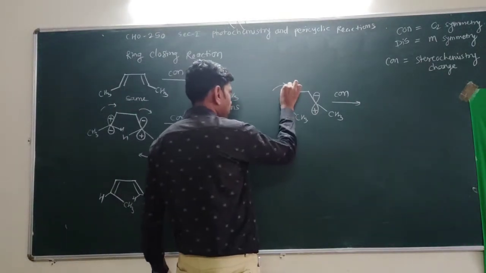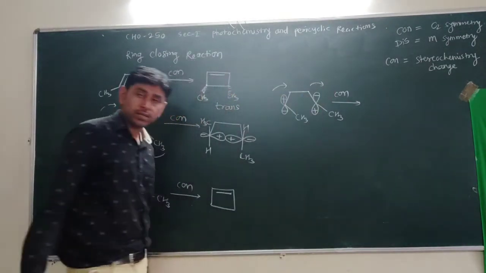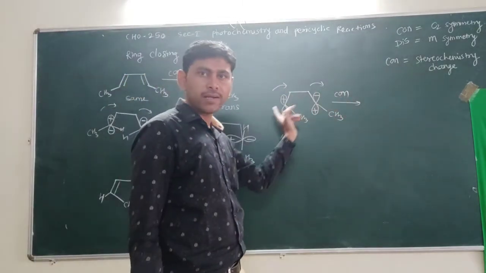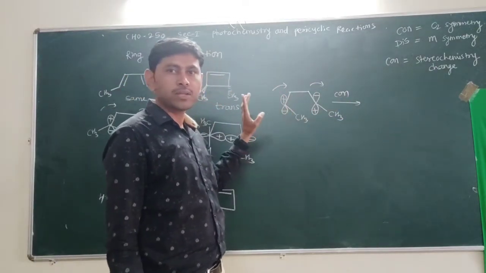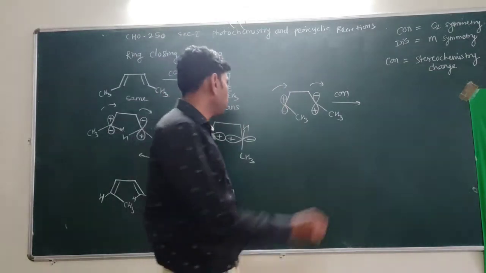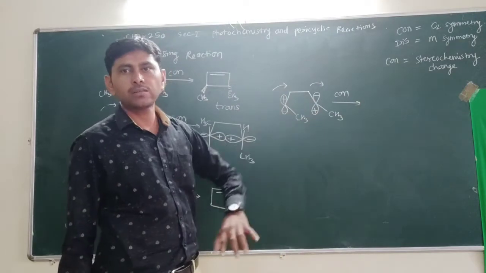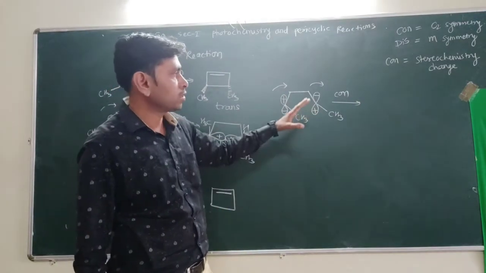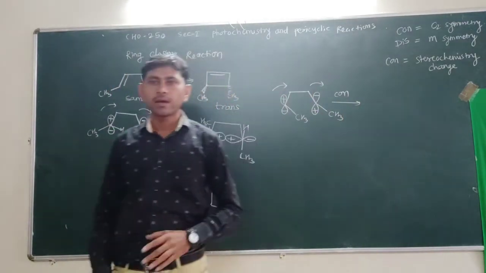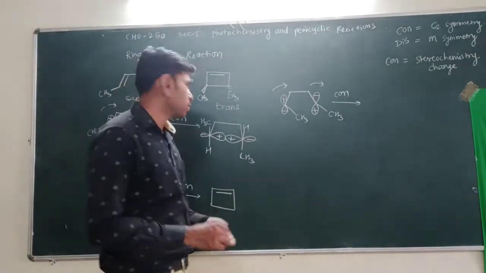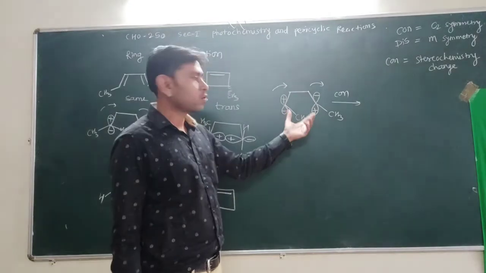So in conrotatory motion, you can move these groups in a clockwise direction and maybe anti-clockwise also. Anti-clockwise will give the same result. There is no issue whether you rotate the orbitals clockwise or anti-clockwise, because both rotations are called conrotatory motion. Here we are rotating both orbitals clockwise.